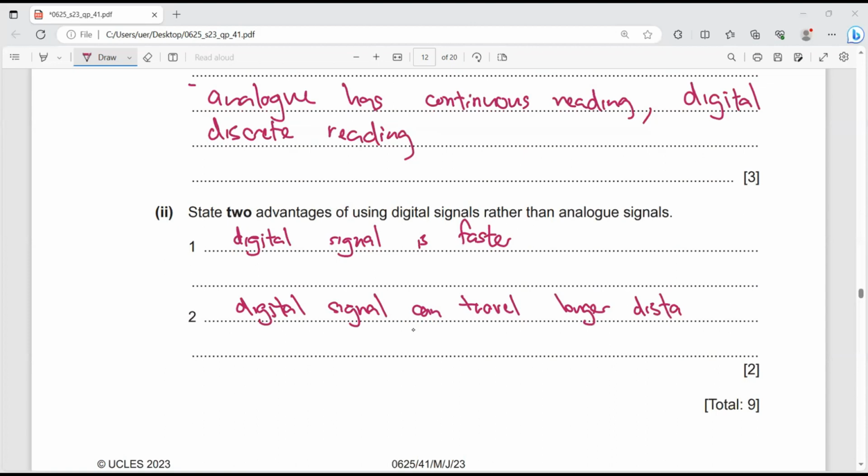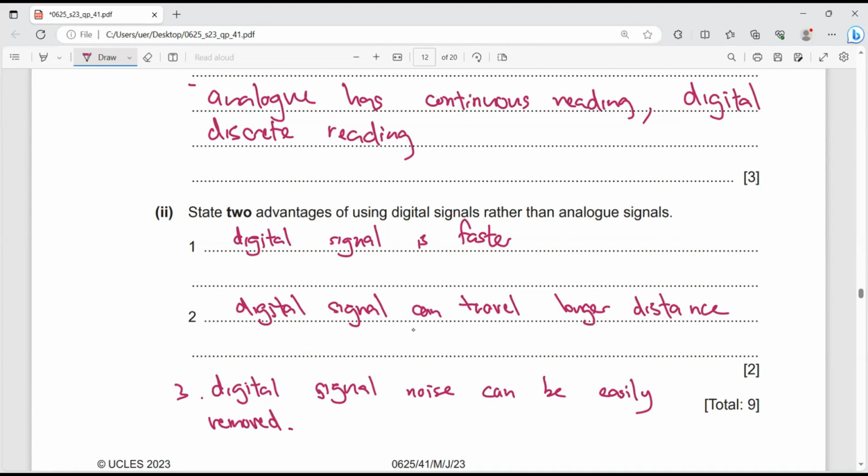I'll give you one more: in a digital signal, the noise can be easily removed. Noise means data that you don't want, you can filter it out easily.